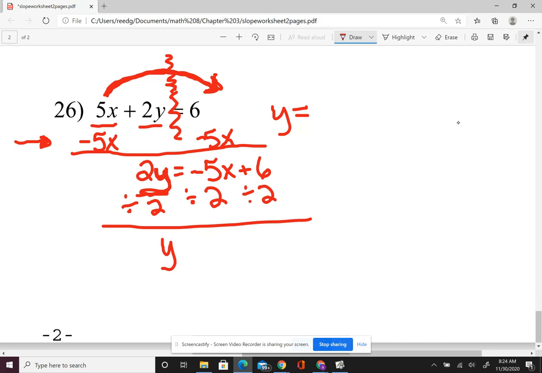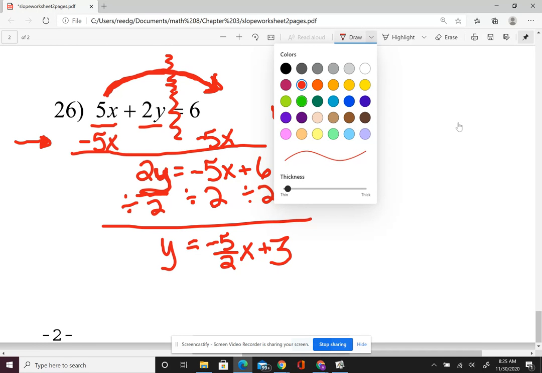So the 2's cancel out. We're left with 1y. 5x divided by 2 is a negative 5/2 x. 6 divided by 2 is 3. We now have it solved for y.